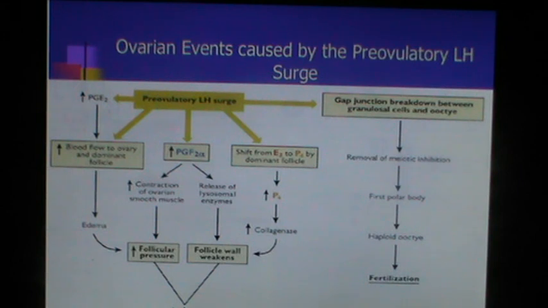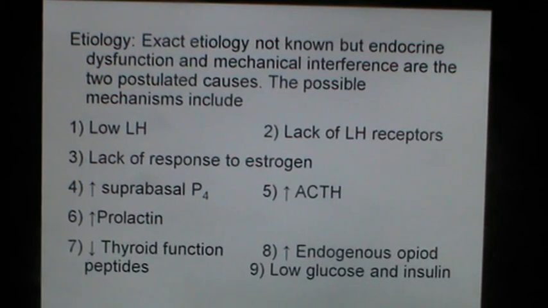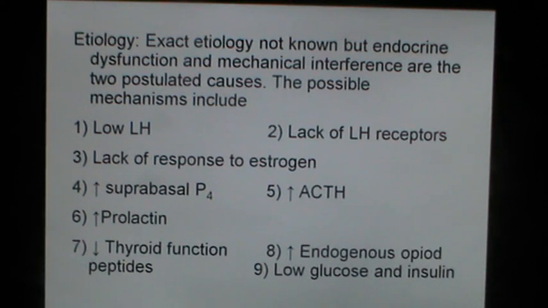Now it's probably a breach in the ovulatory mechanism which results in the ovarian cyst. The exact etiology of ovarian cyst is not known, but endocrine dysfunction and mechanical interference are the two postulated causes.